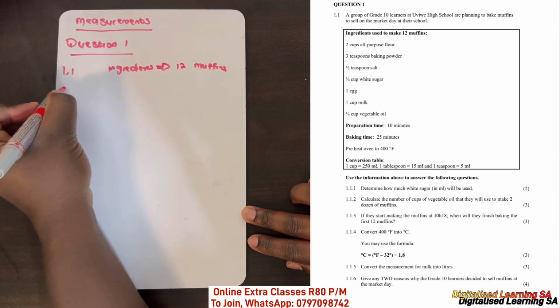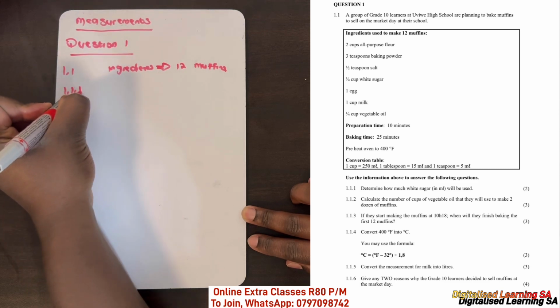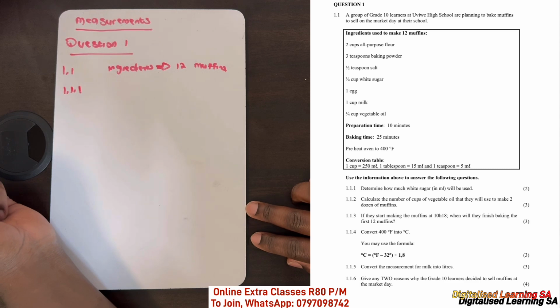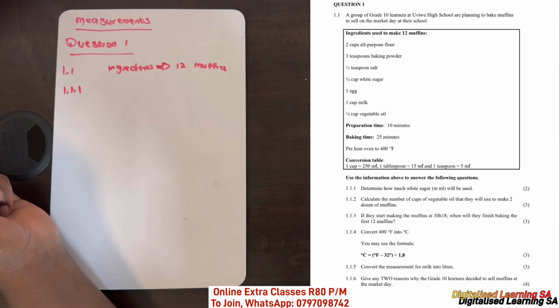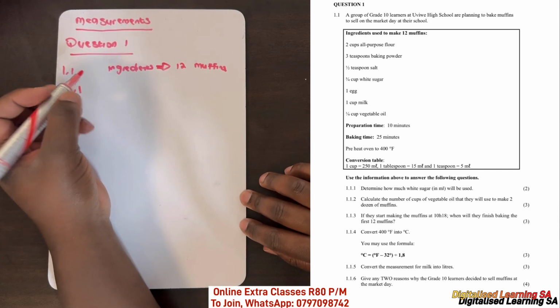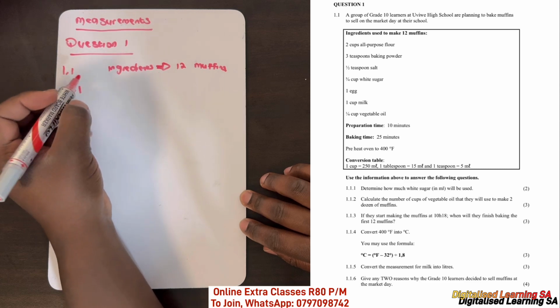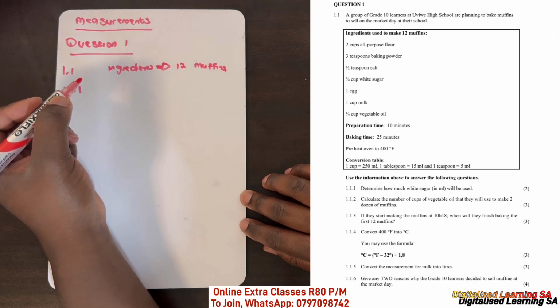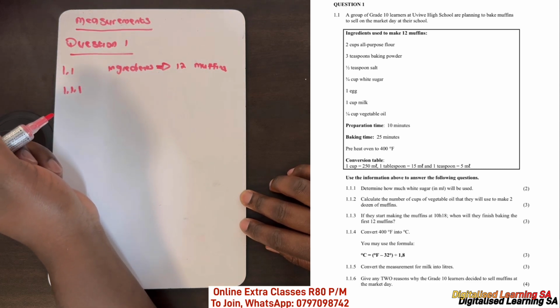We'll start with question 1.1.1. It says determine how much white sugar, in milliliters, will be used.